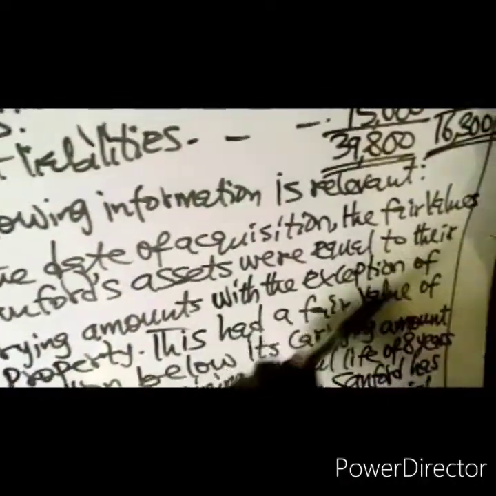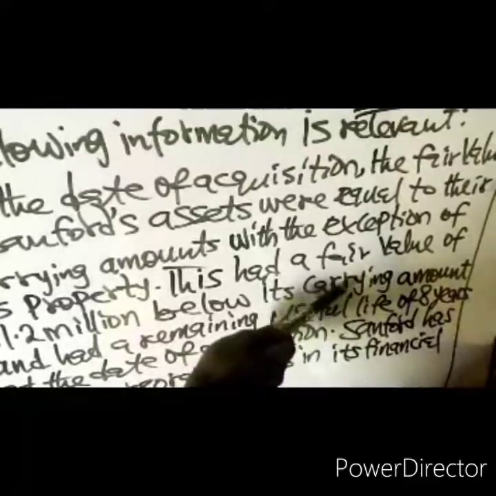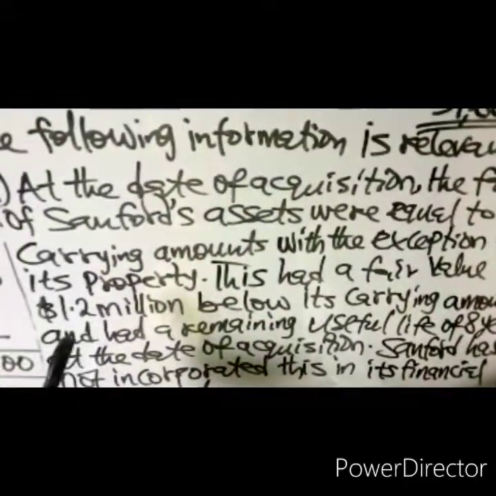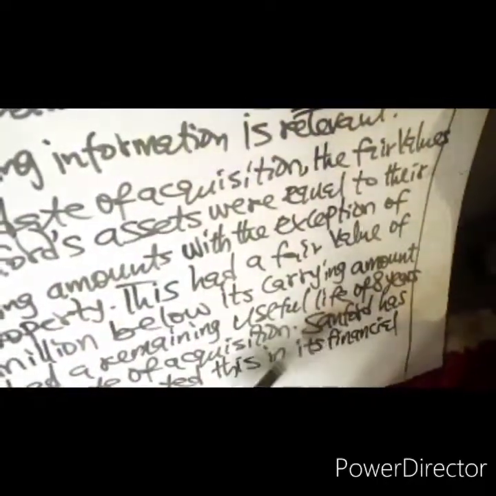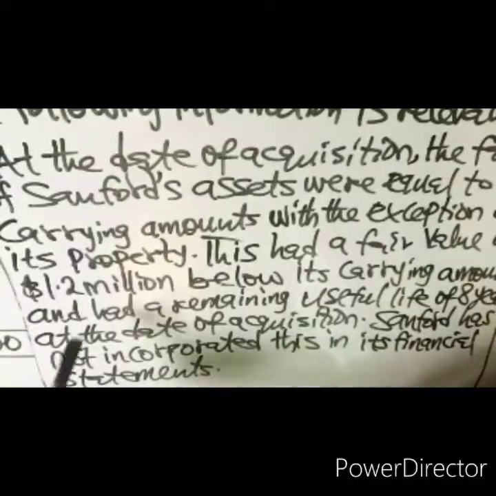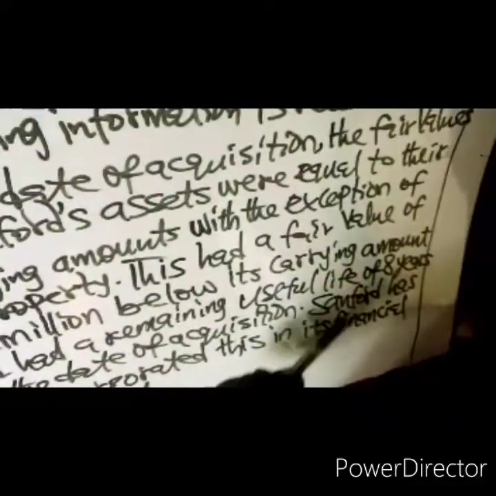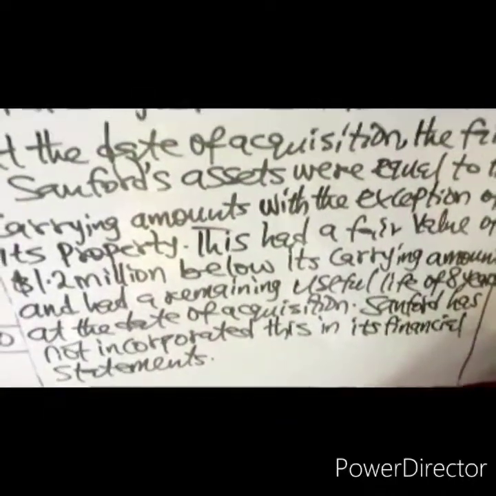This had a fair value of $1.2 million below its carrying amount and had a remaining useful life of 8 years at the date of acquisition. Sanford has not incorporated this in its financial statements.